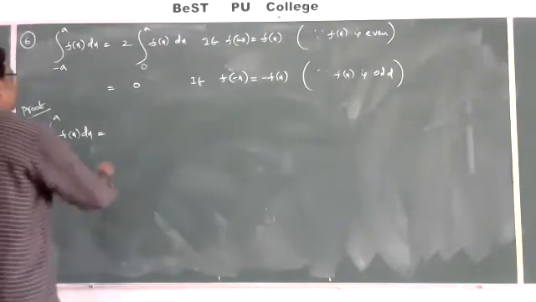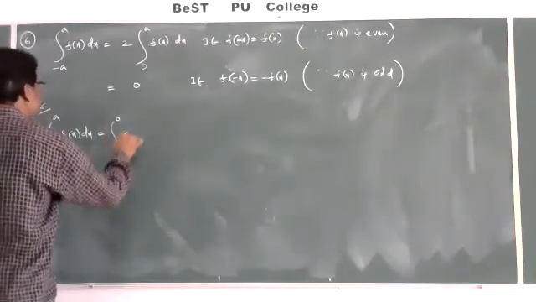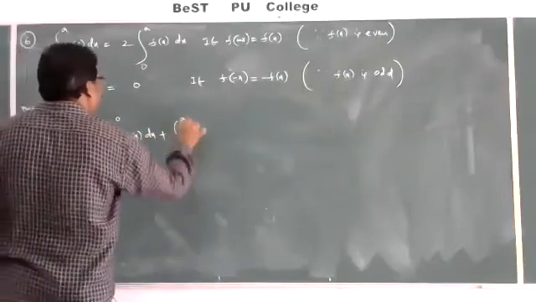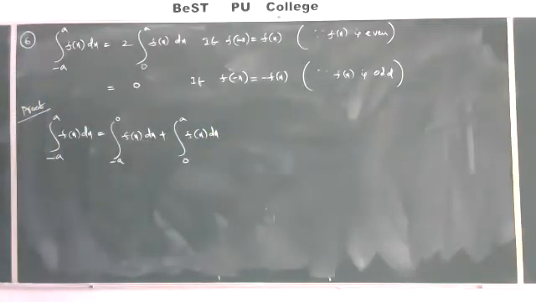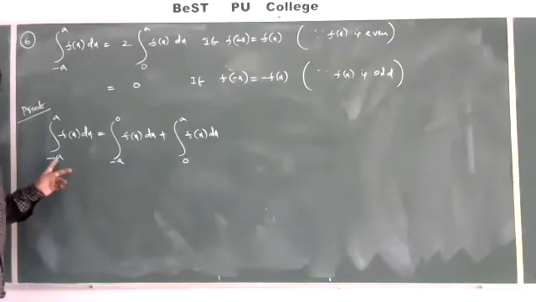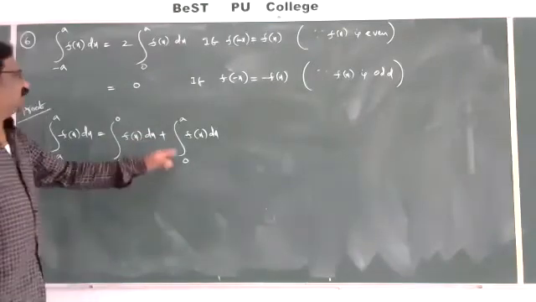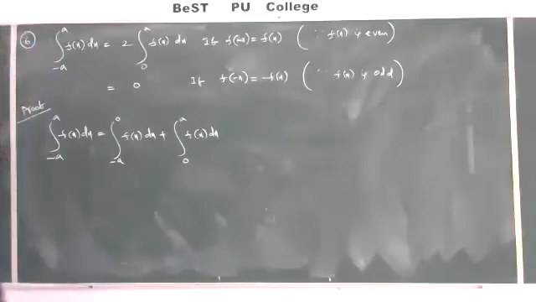That's why this can be split into two integrals, that is minus a to 0 f of x dx plus integral 0 to a f of x dx. The given integral can be split into two integrals.